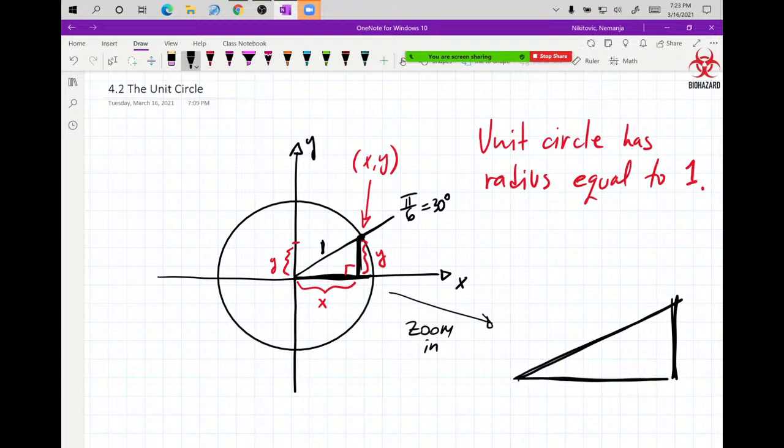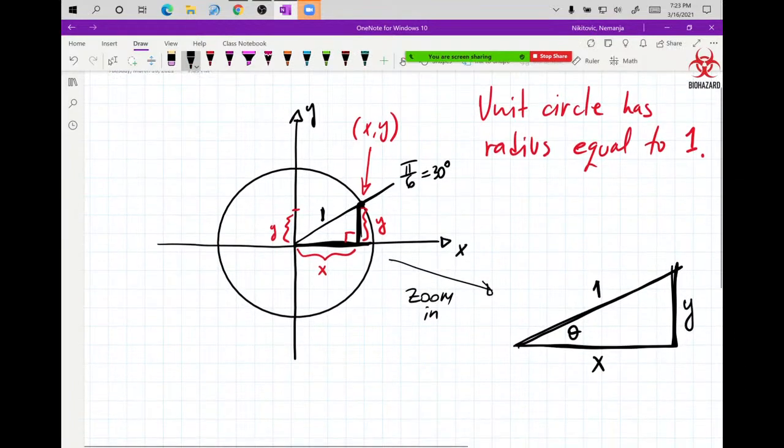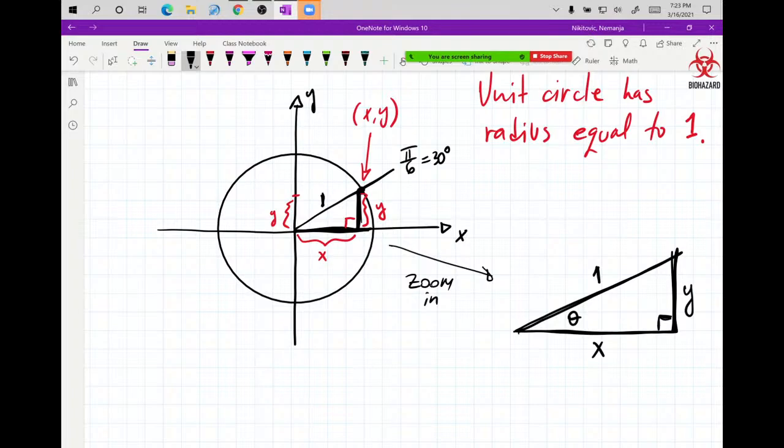So what I have is angle theta. I know that this is 1, and I know that this is y, and I know this is x. And I know this is my right triangle, right angle, I mean.